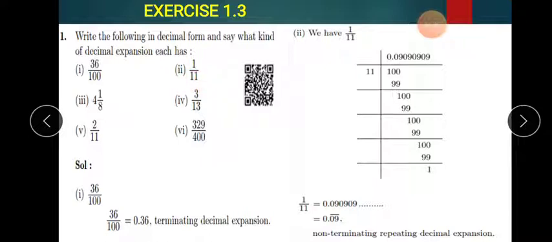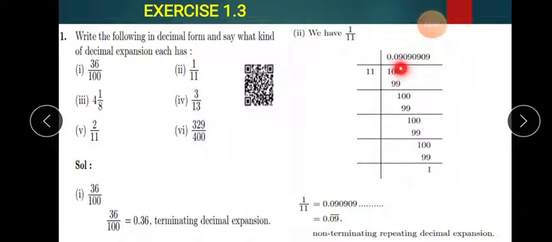1 by 11. So 1 by 11 means let us divide 1 by 11. So 11, we write here 1. Now because 1 is smaller than 11, we'll put here 1 point. Then it becomes 10. 10 is also smaller than 11, so we have to put 0.